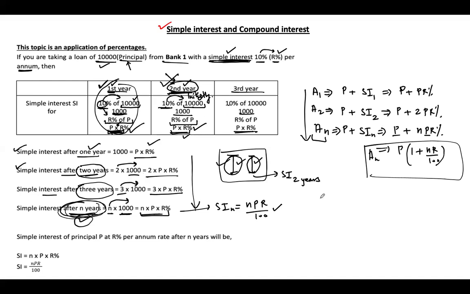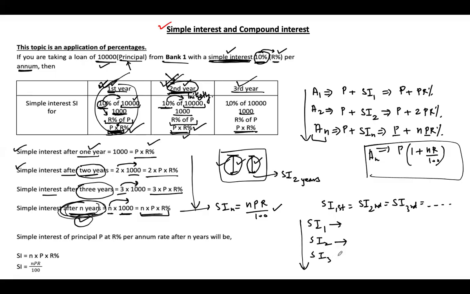Similarly, one more important point: simple interest, if the rate was, let's say, 10%, was the same for every year. The simple interest for the first year is equal to the simple interest for the second year, equal to the third year, and so on. Similarly, simple interest for 1 year, 2 years, 3 years.